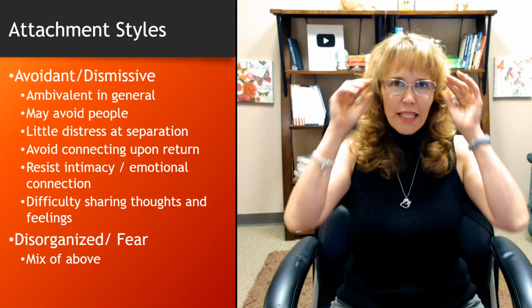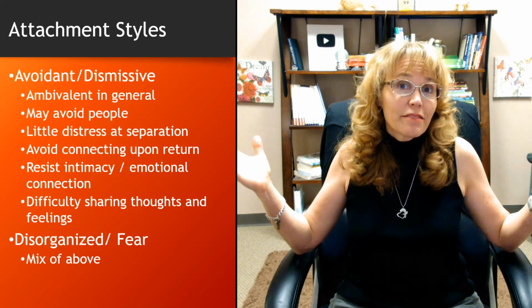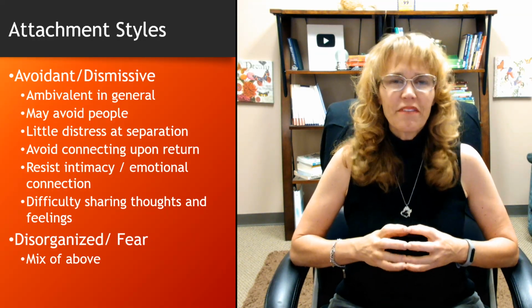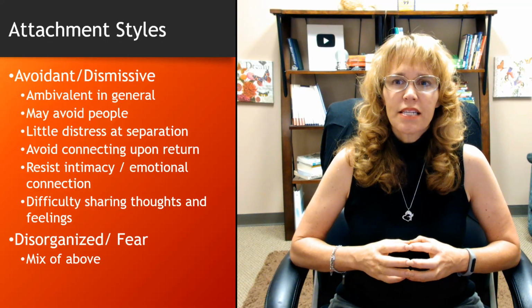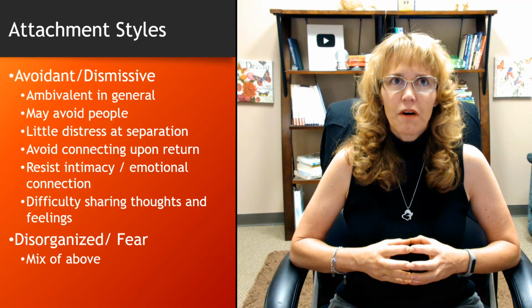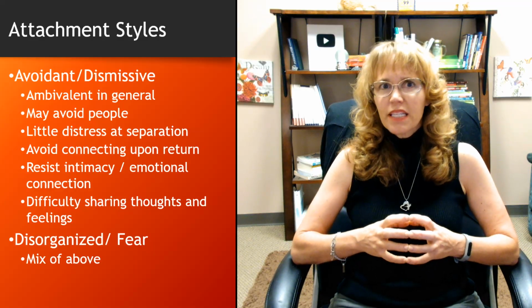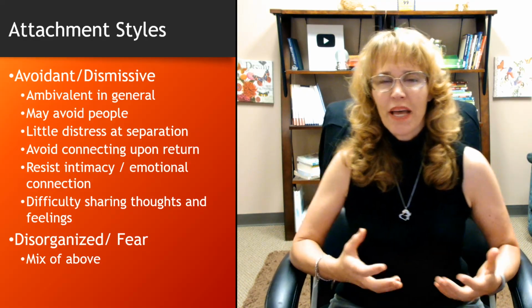Some may be secure, some may be avoidant, dismissive, some may be insecure. Think about it. Okay, let's just take a scenario. If you have Sally, we'll call her Sally, and she grew up in a very toxic household where the caregiver was very emotionally abusive and frequently was either emotionally abandoning or physically abandoning Sally.